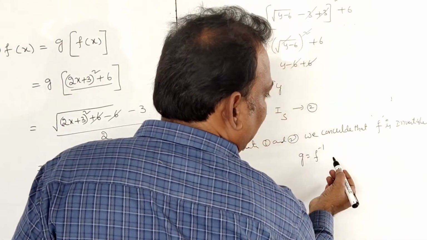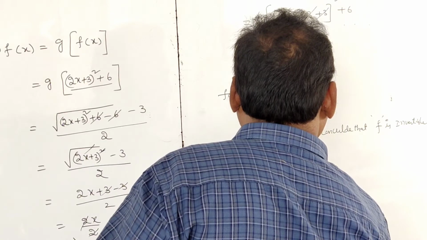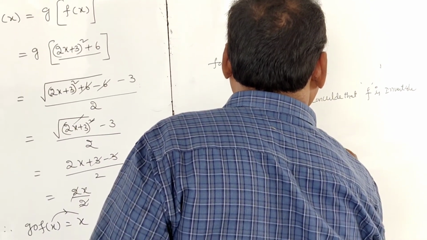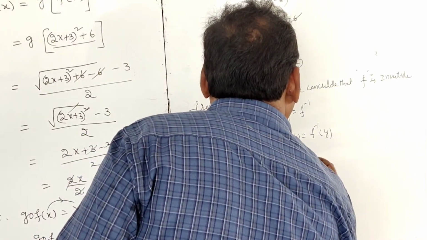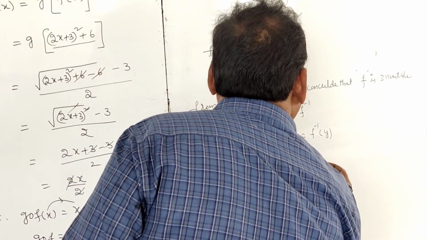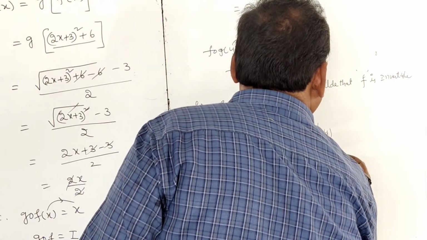We need to calculate f inverse of y. So g function is in terms of y domain. So taking g of y on both sides, what is the g of y value? Root over y minus 6 minus 3 upon 2, which is equal to f inverse y.